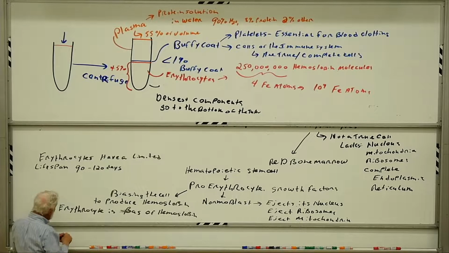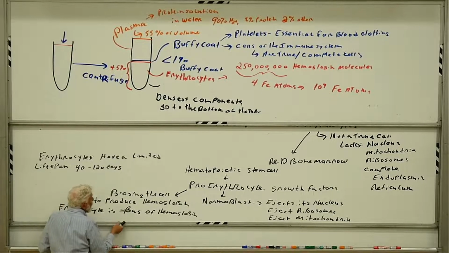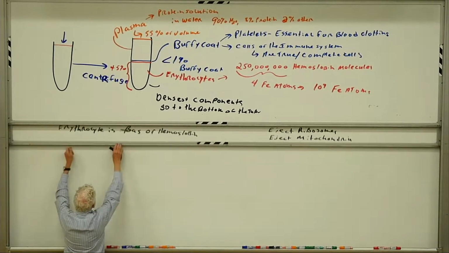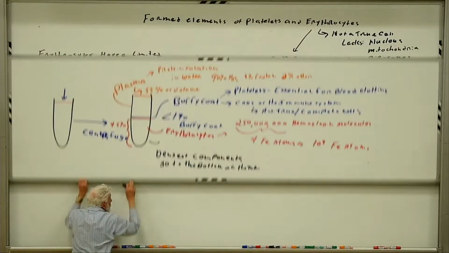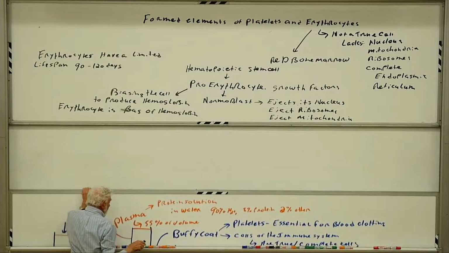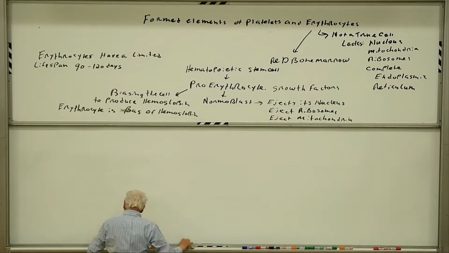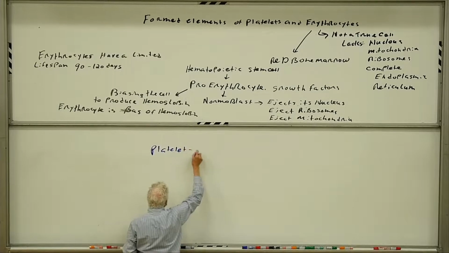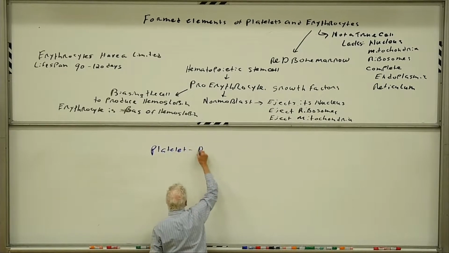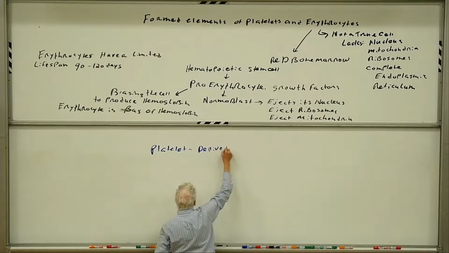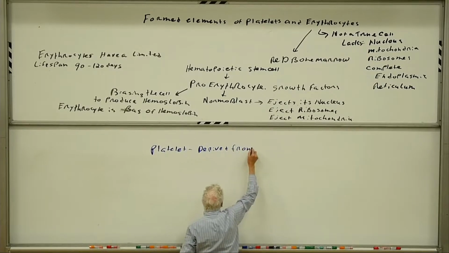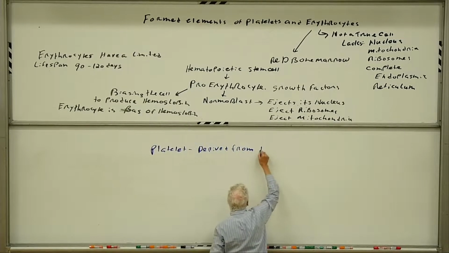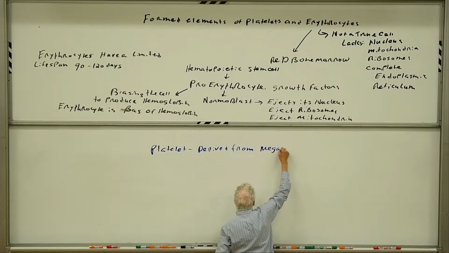The other formed element I'll tell you about, let me go back. Let me go to the backboard. The other formed element is a platelet. And the platelet is derived from a cell type called a megakaryocyte.